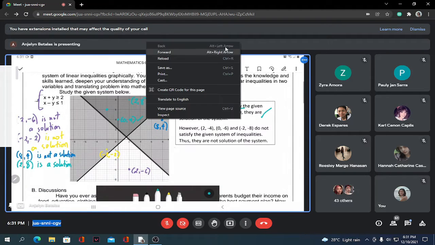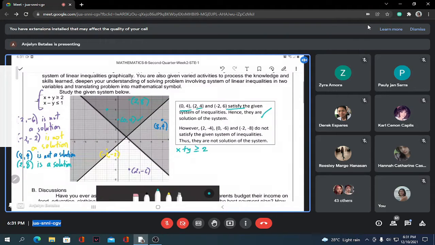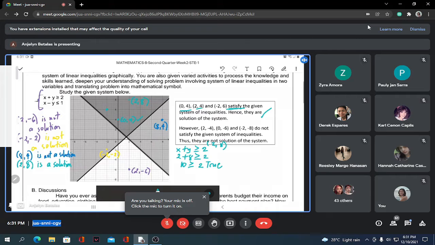Why? Say for example, x plus y greater than or equal to 2. Our example point is (2, 8). So x is 2, y is 8: 2 plus 8, 10, greater than or equal to 2. This is true. That is what we call satisfying. The statement became true when you substitute your ordered pair.